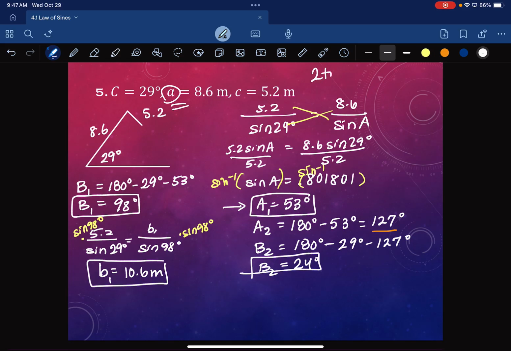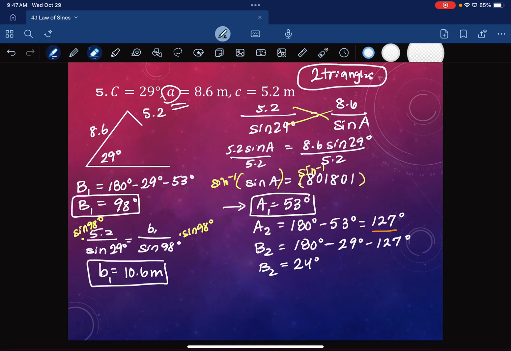I didn't write this down, but let me write it down at the top. There are two triangles here. So this is side B2, angle B2. Let's find side B2. So for side B2, we would set it up just like we found for side B1.